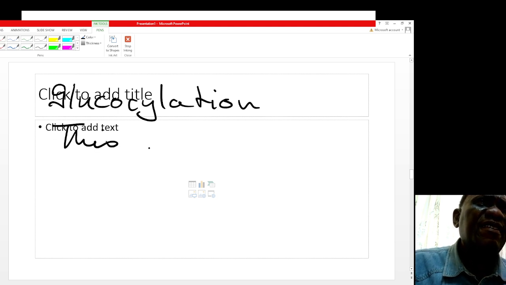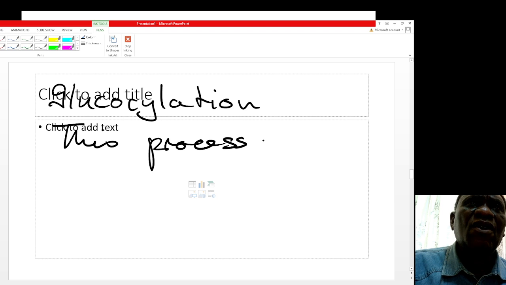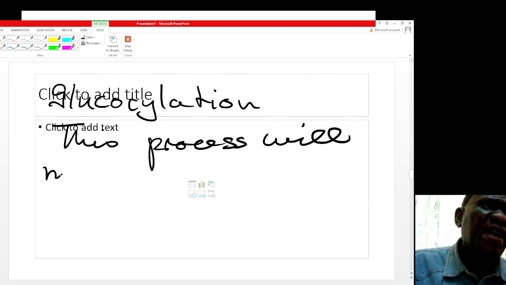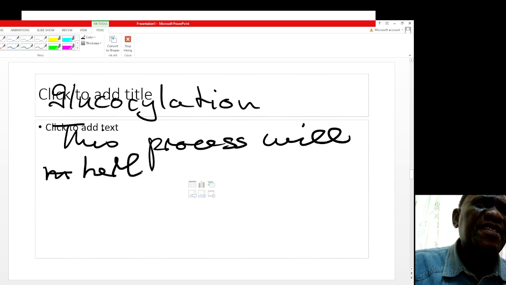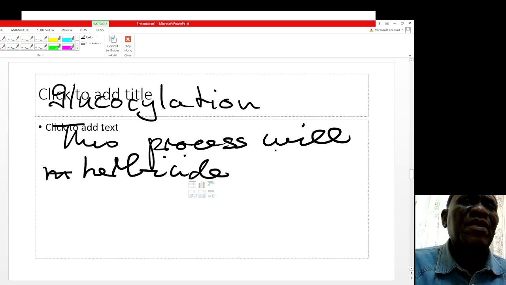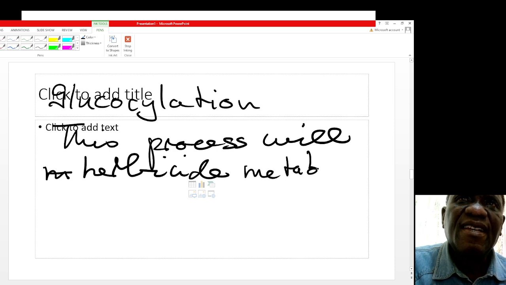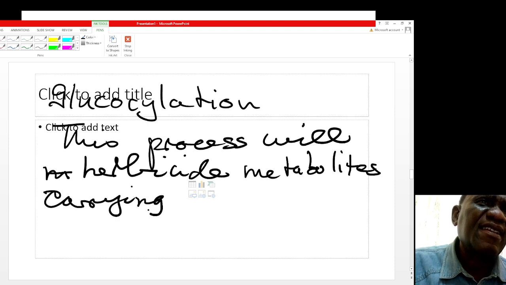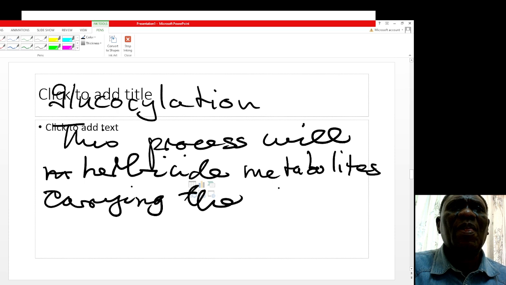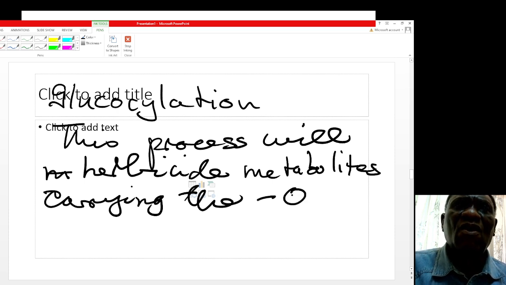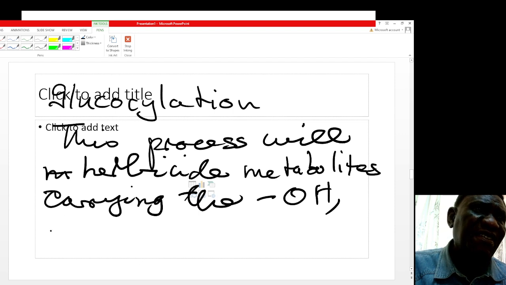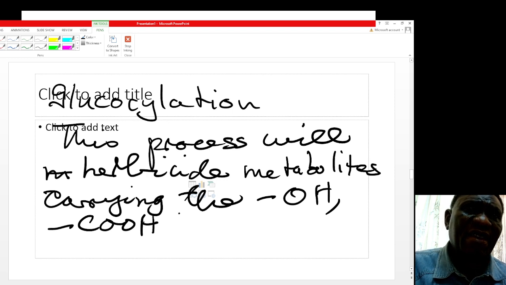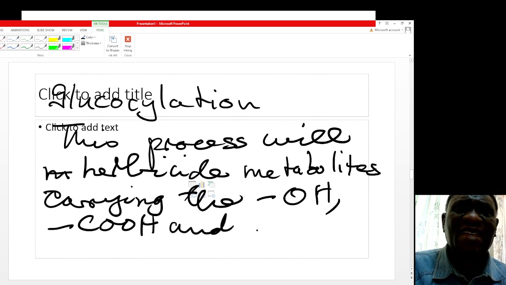This process will require herbicide metabolites carrying the OH, the COOH, and the NH2.